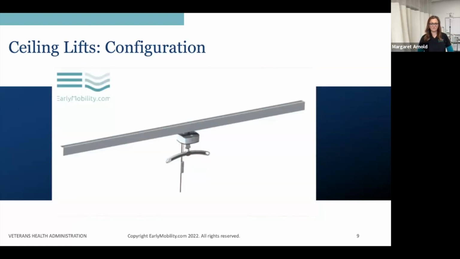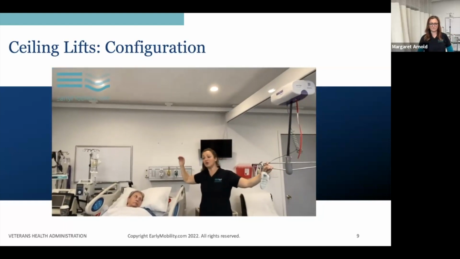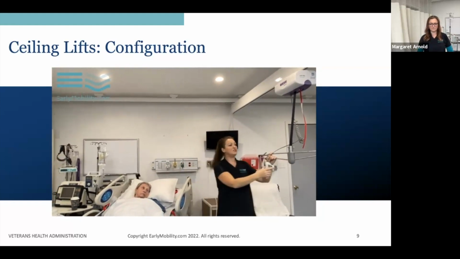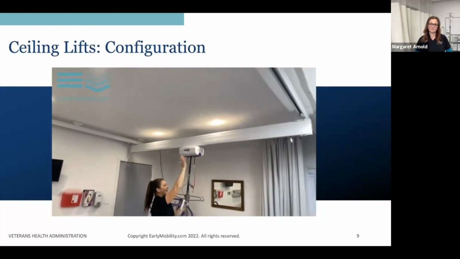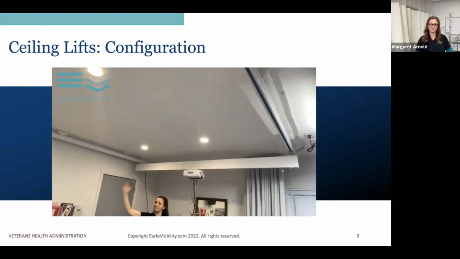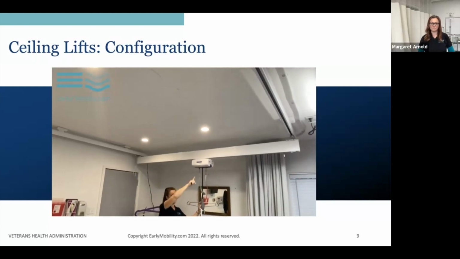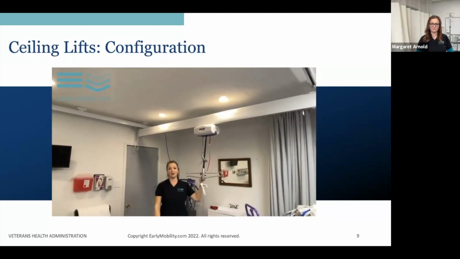A straight track basically goes in a straight line with the motor attached to it on a roller that moves back and forth. The configuration you see here is an XY. So what you can see is the X beams are attached to the ceiling, and then it's got a cross beam, a Y beam, that moves anywhere across the room.